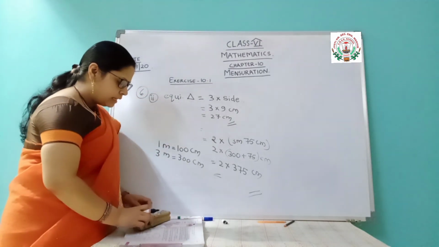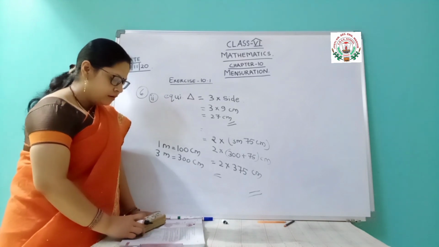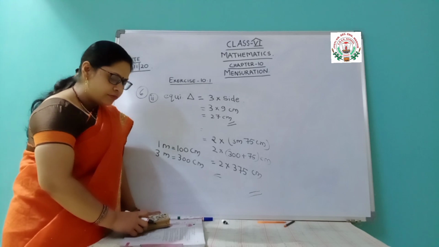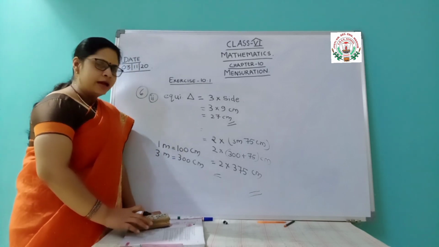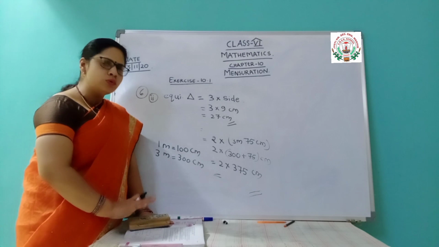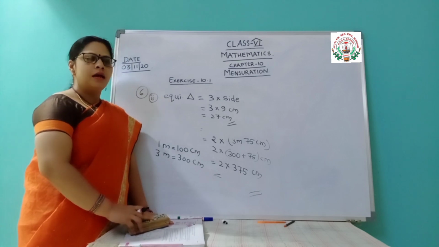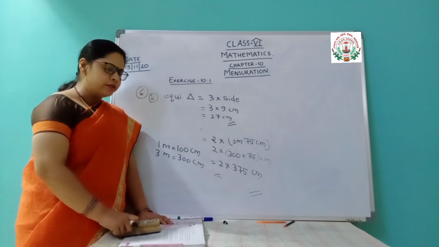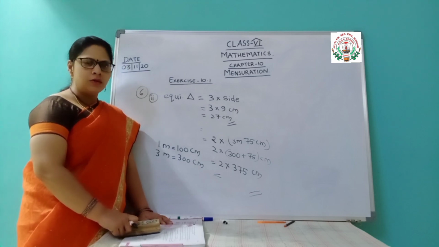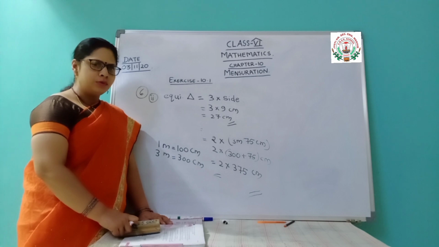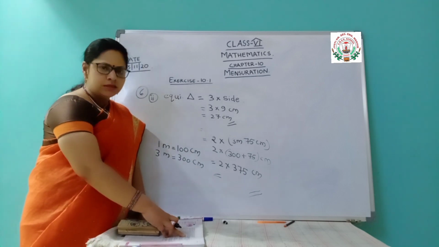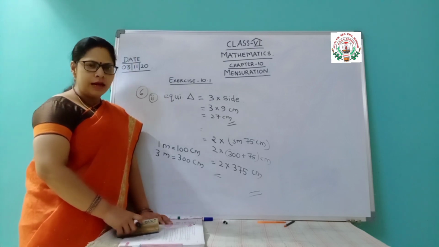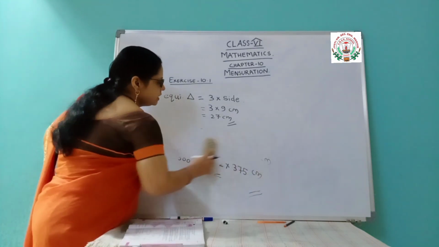Okay. Then next is isosceles triangle. Here 8 centimeter side is given and the third side is given 6 centimeter. A triangle has 3 sides, but here only 2 sides are given. But the name of the triangle is given. That is isosceles triangle. Isosceles triangle means 2 sides are equal. So 8 centimeter you take as the equal sides. It is given also in the question. Equal sides means 8 and 8, 2 times you will take, and the third one you will take 6.